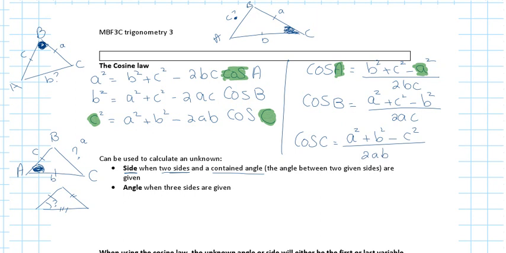Okay, you see that in this example right here, I need to know side A, side B, and side C, right? So I need to know all three sides in order for me to be able to solve for that part.